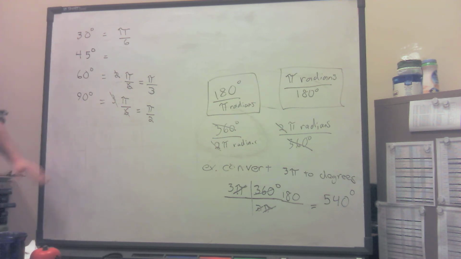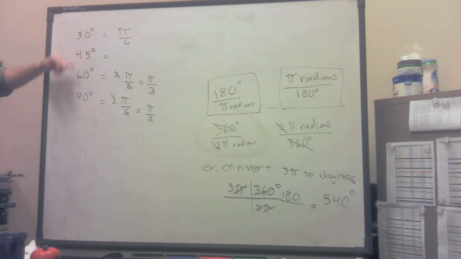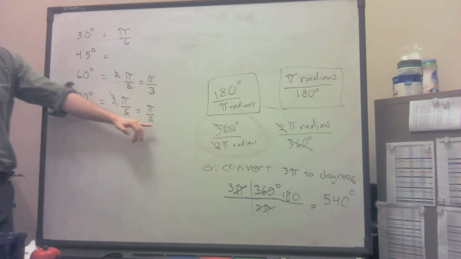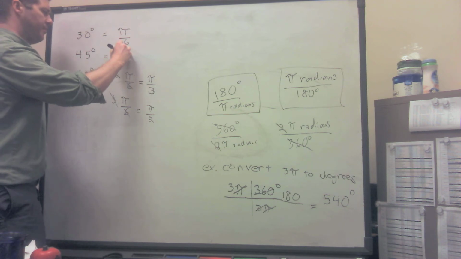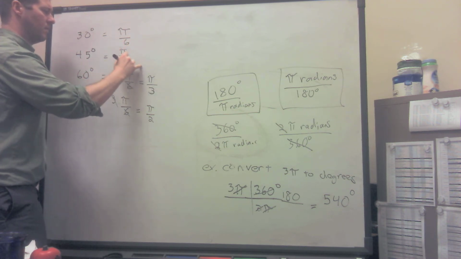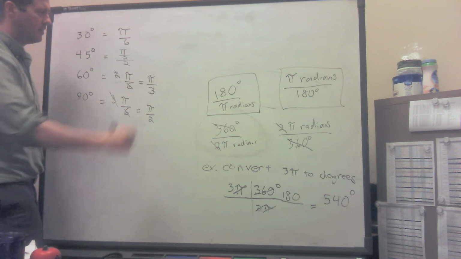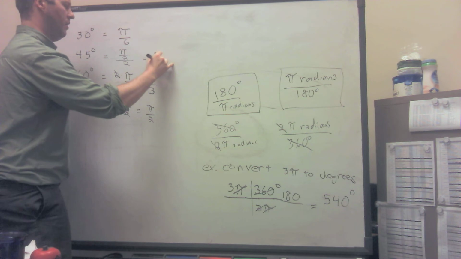Actually, once I have that, it's really easy to find 45. 45 is half of 90. What's half of pi over 2? Well, half of that is just going to be pi over 4.